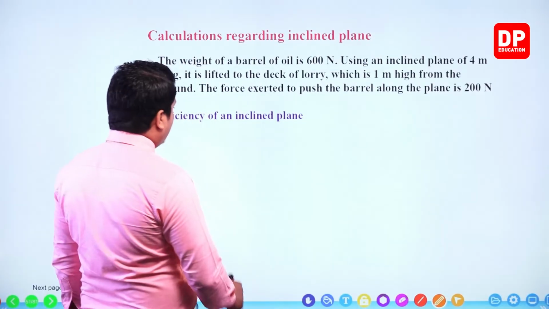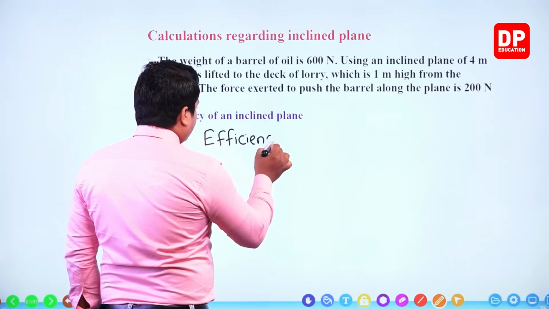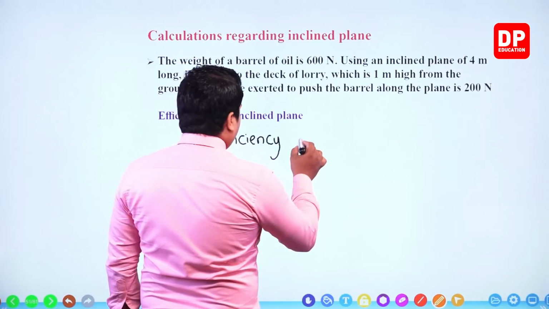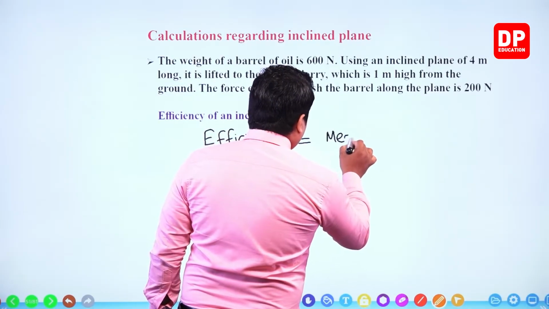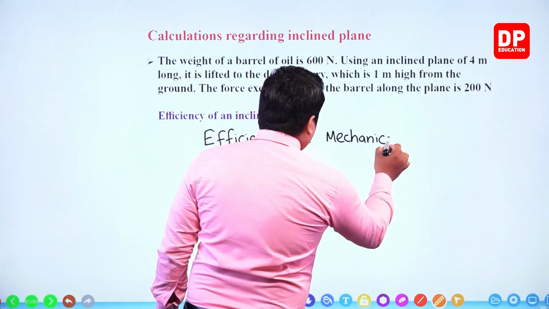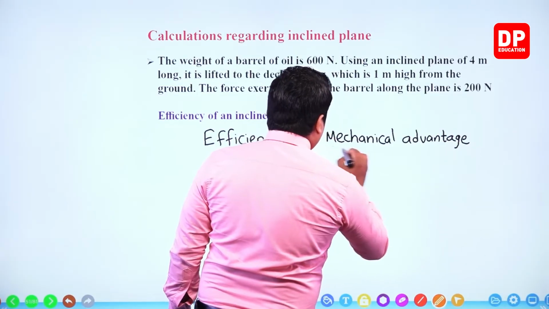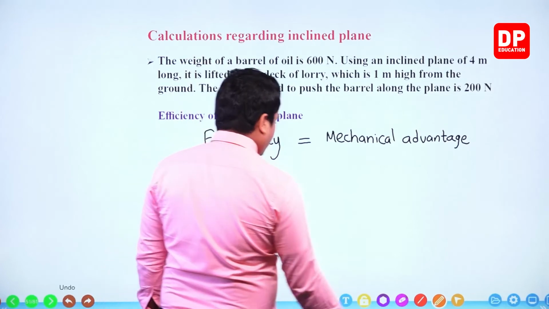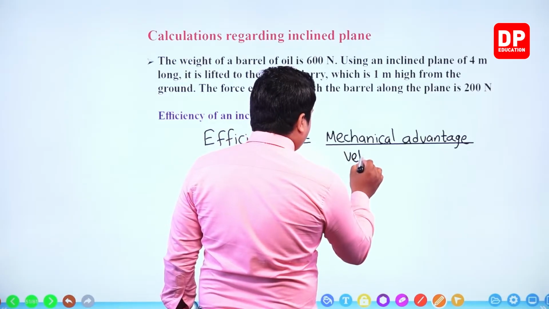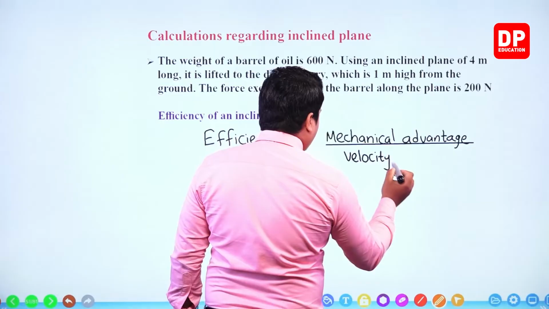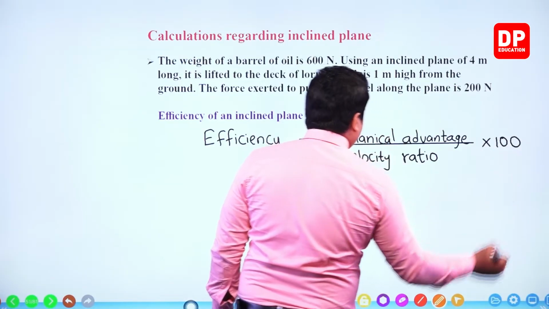Efficiency is equal to mechanical advantage over velocity ratio, and multiply this by 100.